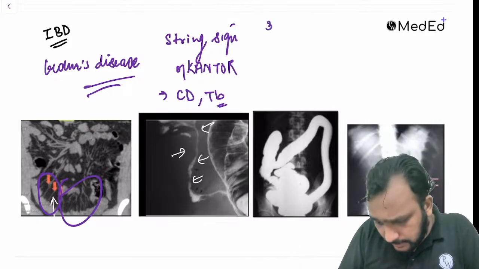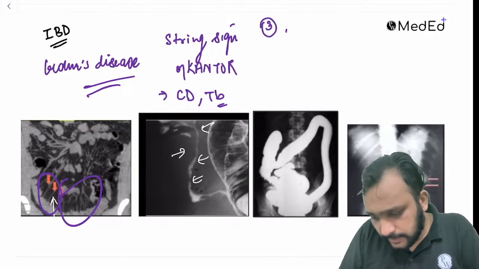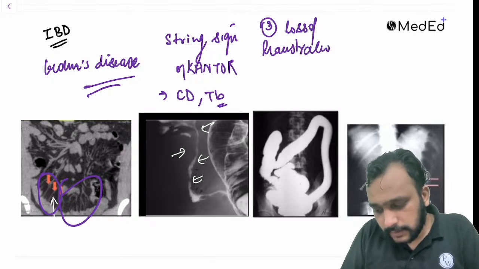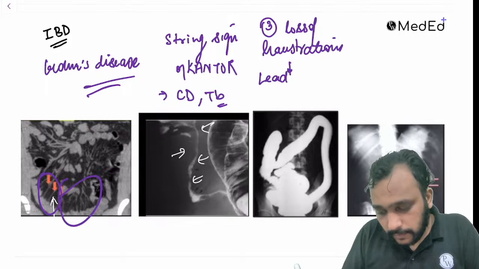And guys, in the third image, there is loss of haustrations. So loss of haustrations, this is the case of lead pipe colon.